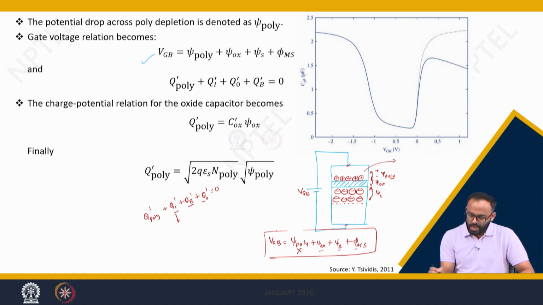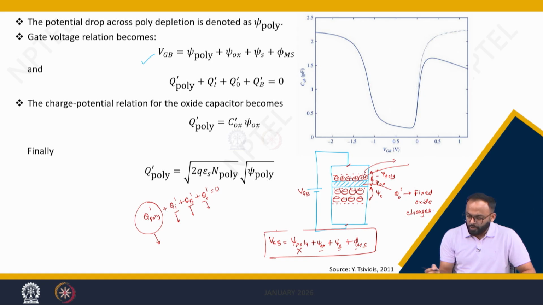This is the inversion charge in the surface, this is the bulk charge in the surface, and Q naught dash is an oxide charge, which we have considered as fixed oxide charges and always positive, right. The charge Q poly dash is nothing but this depletion charge, right.